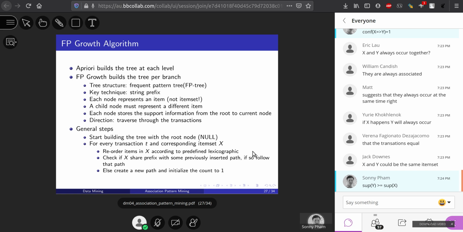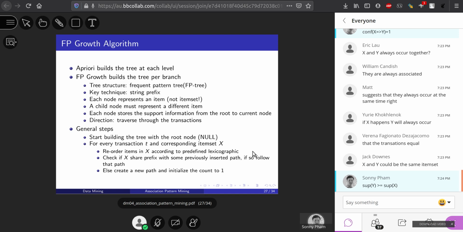The difference to the previous algorithm is this: it uses what I call a tree structure to process the transaction database, called the FP tree. The key thing is that each node now represents basically an item and not an item set. That's a very key point.